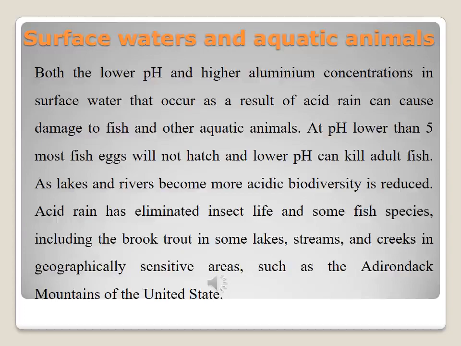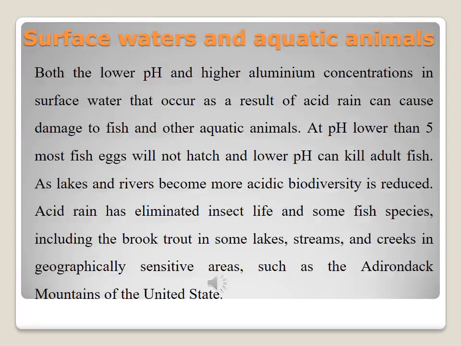Surface water and aquatic animals. Both the lower pH and higher aluminum concentration in surface water that occur as a result of acid rain can cause damage to fish and other aquatic animals. At pH lower than 5, most fish eggs will not hatch, and lower pH can kill adult fish.